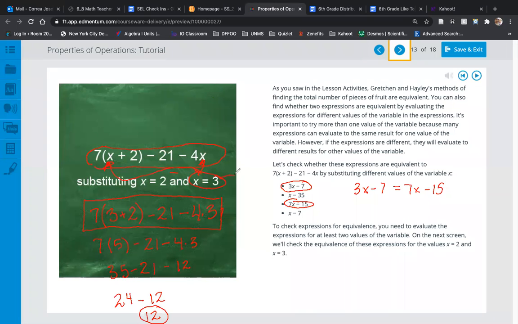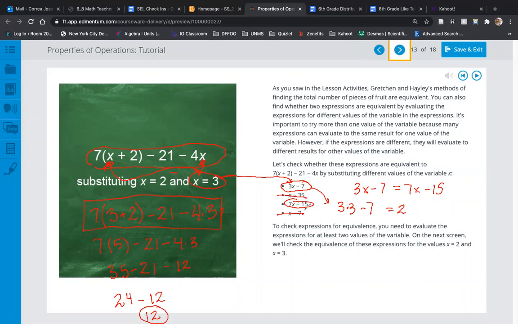Now I do the same thing over here. Let's check x equals 3 on just these two, right? I don't have to check these two because I already know that those don't work. So if x equals 3 for the first one, this expression here would change to 3 times 3 minus 7. 3 times 3 is equal to 9. 9 minus 7 is going to give me 2.